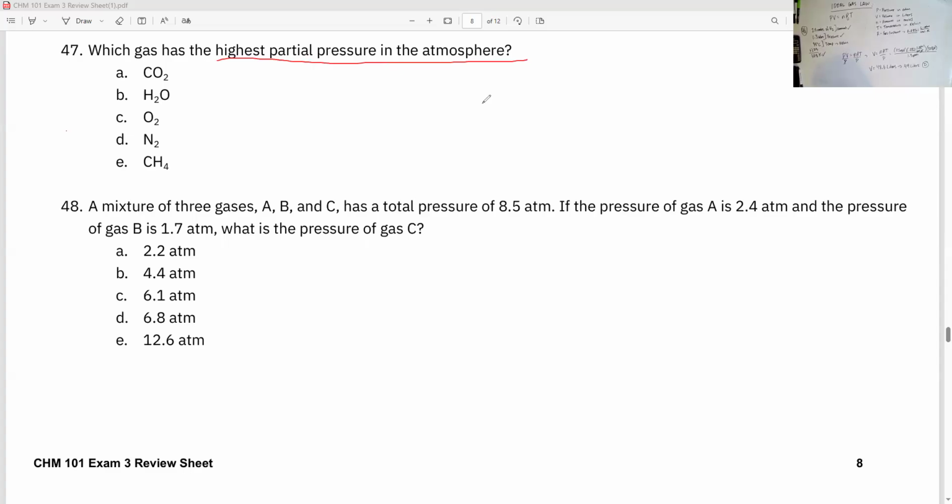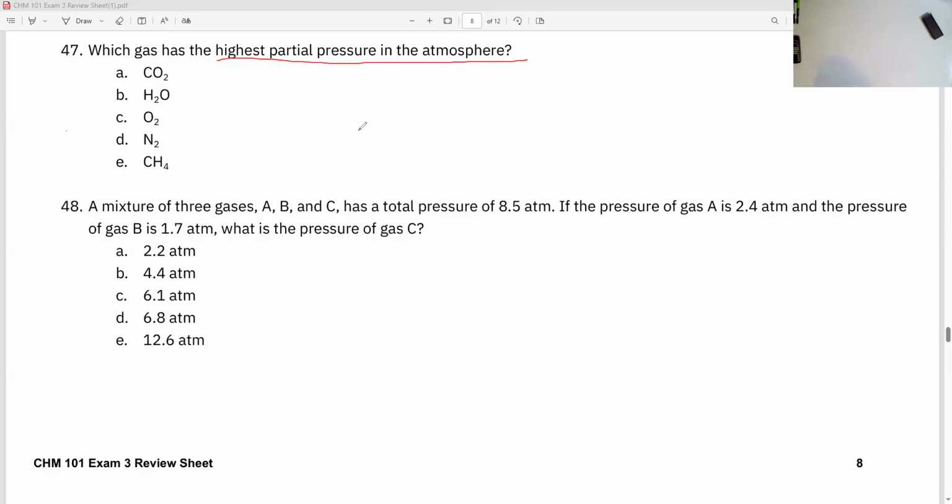This question in general requires you to have paid attention to when we were reading about the makeup of the gases that are in the air that we breathe, our atmospheric gases, and understanding that whichever gas is present in the largest quantity is going to have the larger partial pressure.